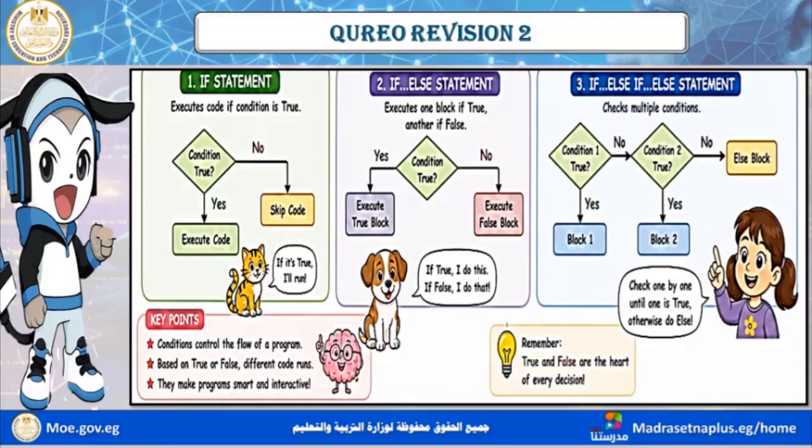So we have only one if and only one else, and in between we have many else if according to the number of conditions or cases. For example, the grades: excellent, very good, good, passed and fail. We have 5 cases here, so I use if and else and 3 else if.